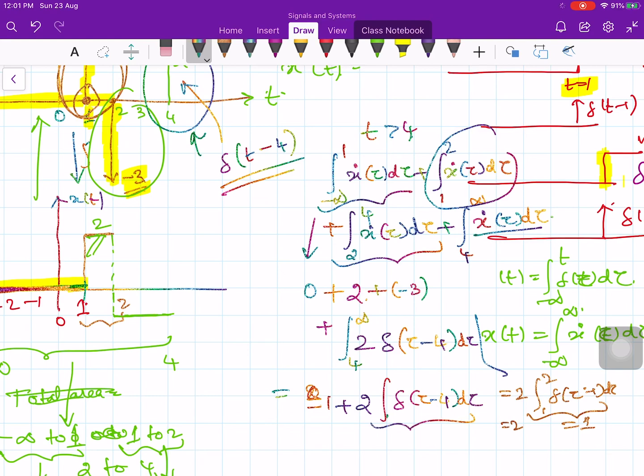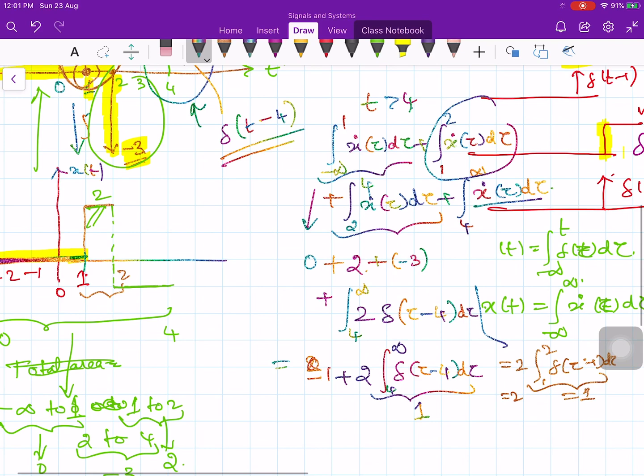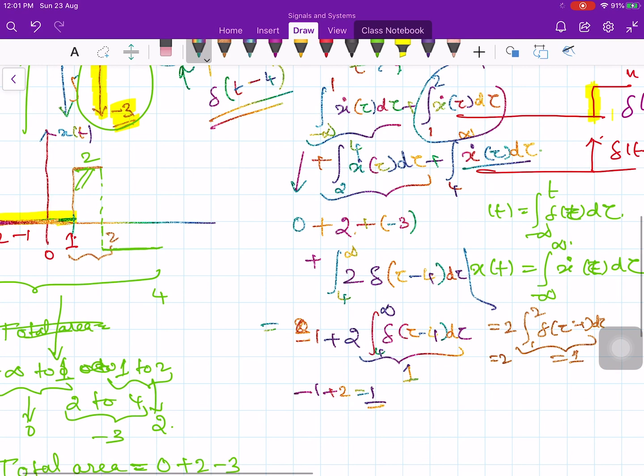The area under this impulse function del of tau minus 4 is going to be 1. So minus 1 plus 2 is equal to 1. So when t is greater than 4, x of t is equal to 1 unit.